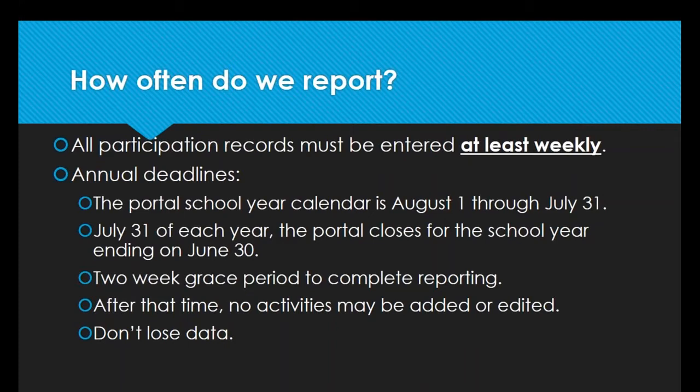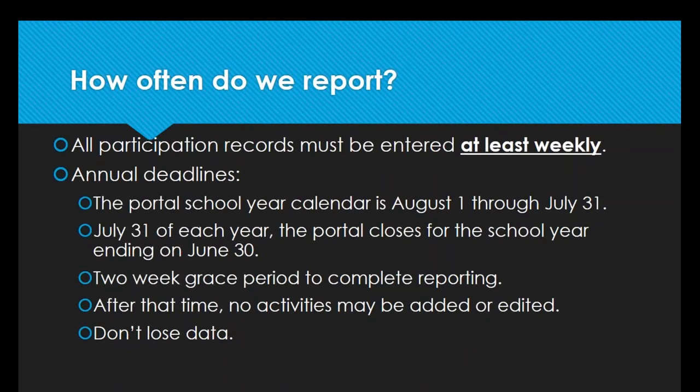So everything for the current school year, the 17-18 school year, started on August 1st and goes through July 31st. We do think we will have students this week. So we thought we would have them last week, but I think students should start showing up this week, and Kelly will send a note out as soon as we have students in the portal.